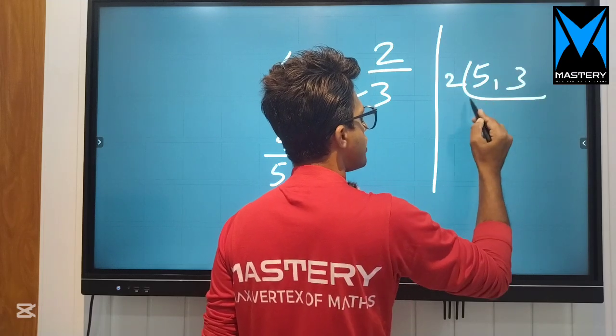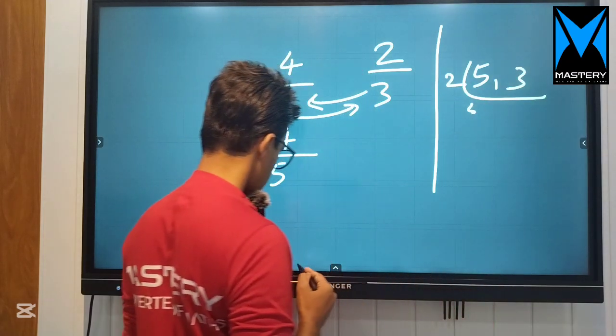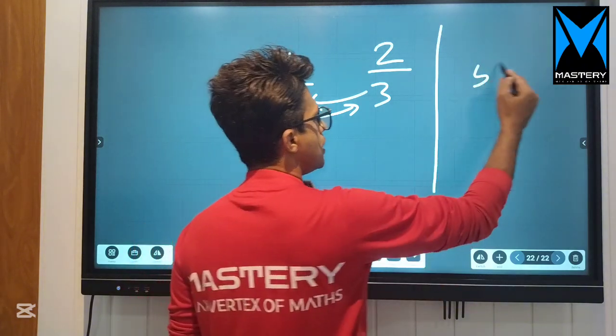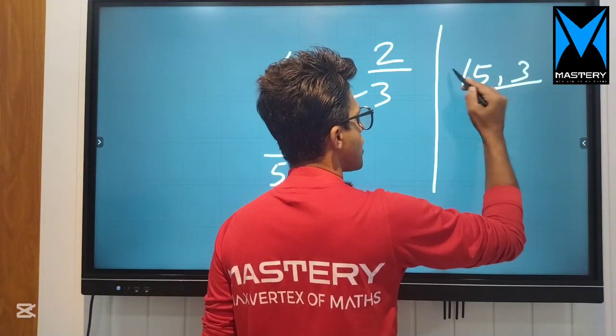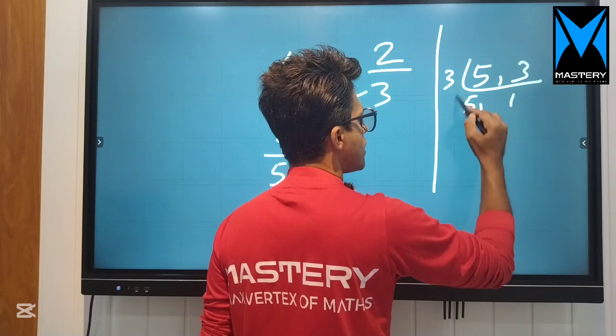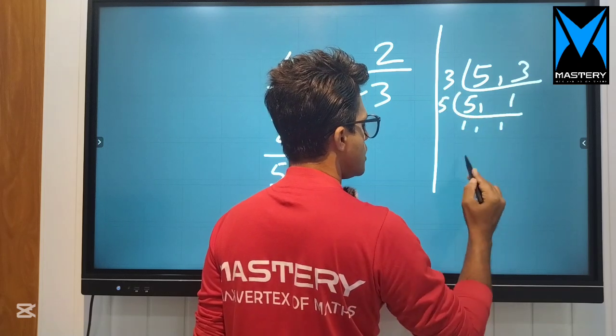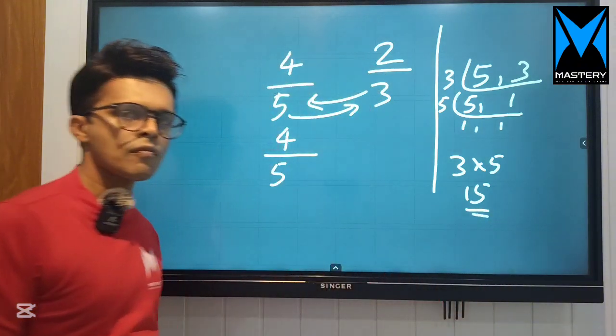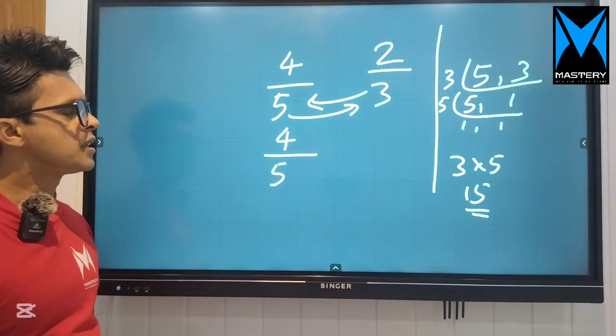Getting the LCM of 5 and 3, you cannot divide these digits by 2, but you could divide by 3, then by 5, giving 1, 1. So the LCM is 3 times 5, which is 15. So the LCM is 15.